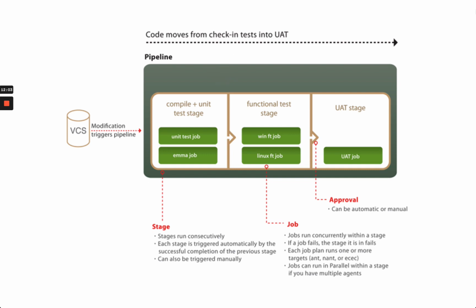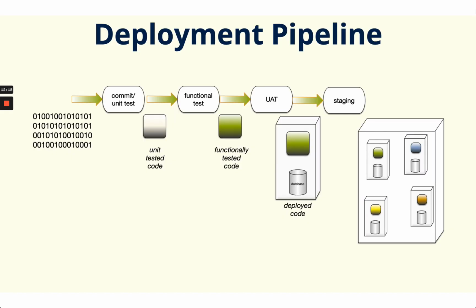The advantage of this agent approach is, notice here, I can run functional testing on both Windows and on Linux because I have different agents, and so I define what I'm going to run separately from the agents that actually run that stuff. Here's an alternative picture of a deployment pipeline that starts with very basic code, moves through unit testing, and then functional testing, and then maybe into containerization and testing, and then maybe into a staging environment, etc.